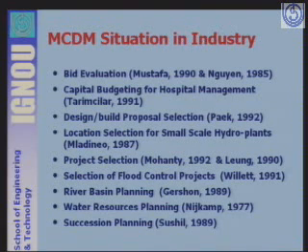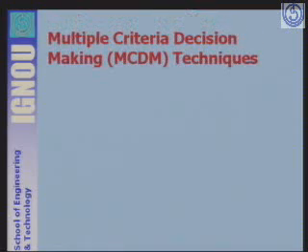The location selection for a small scale hydro plant is again from one researcher. Then project selection, selection of flood control projects, river basin planning, water resources planning and succession planning. These are some situations in the industry where multiple criteria decision making can be applied and which are of direct interest to the industry.